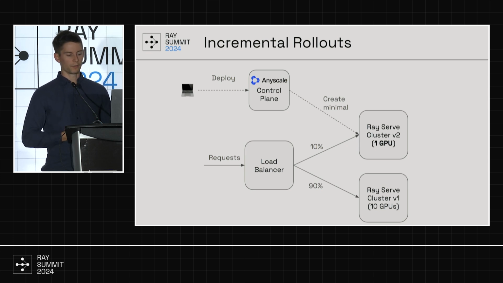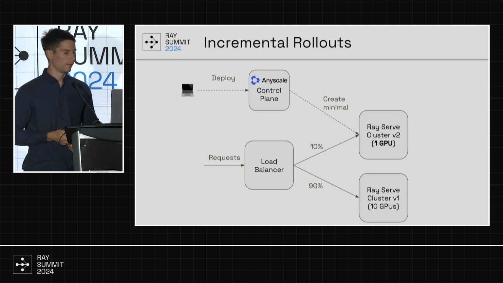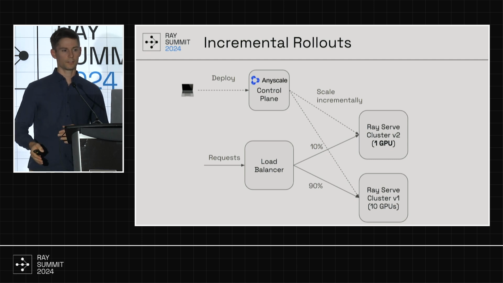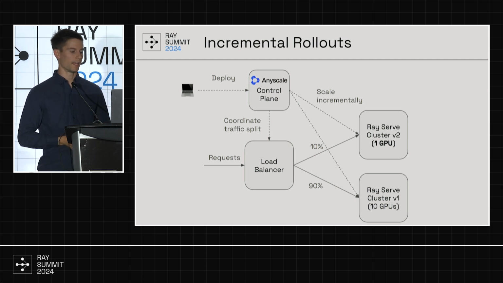In this case, maybe it only needs one GPU, or maybe if there are two models, it would just be 2 GPUs. And then we will incrementally scale the old cluster down and the new cluster up, while also coordinating the traffic split so that each cluster is only getting as much traffic as it can currently handle.